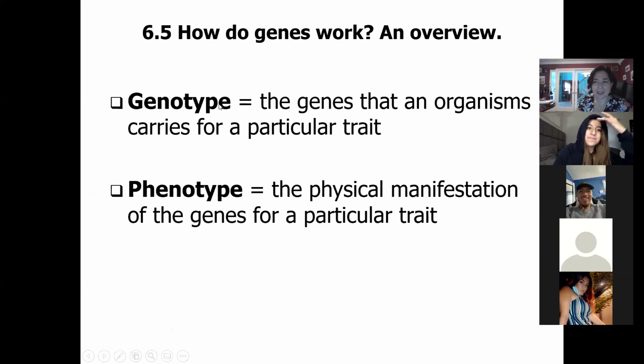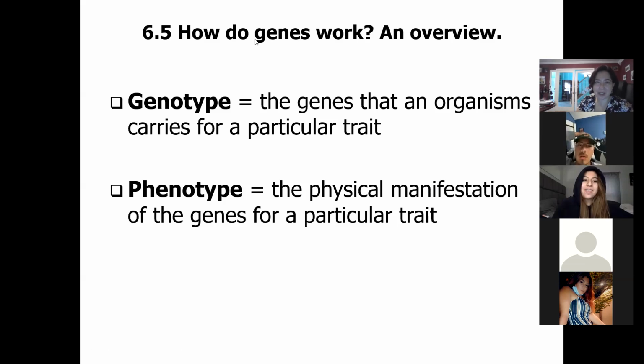Okay, so there are two important definitions. Genotype is all the genes that we carry, right? Now, phenotype is physical manifestation. Physical manifestation pretty much reflects your genes, right? I think a good example is dogs.